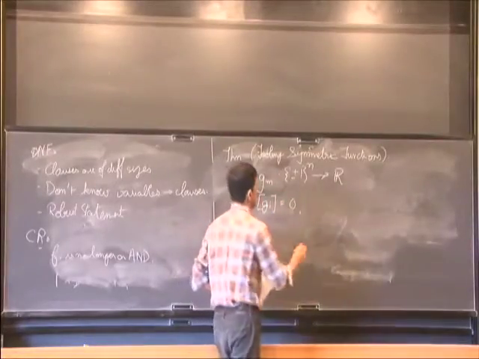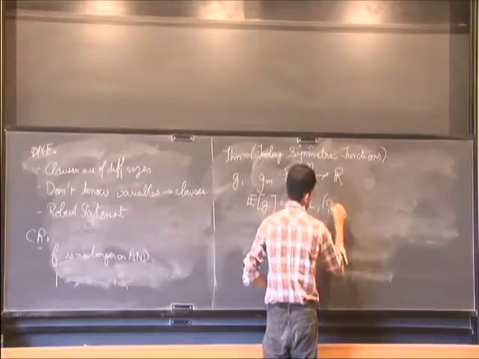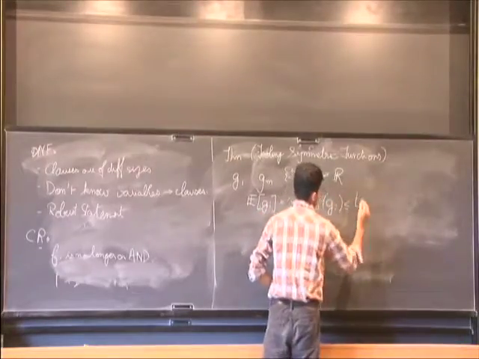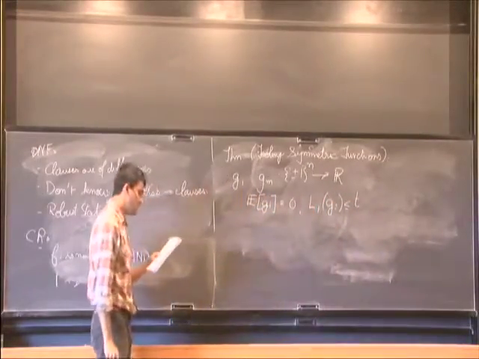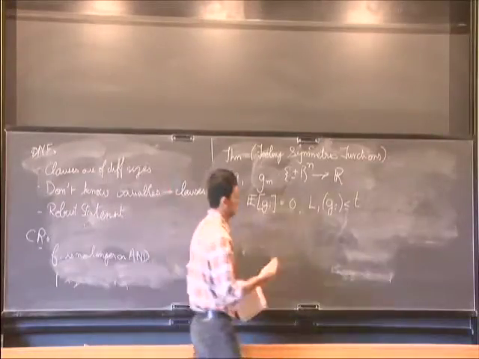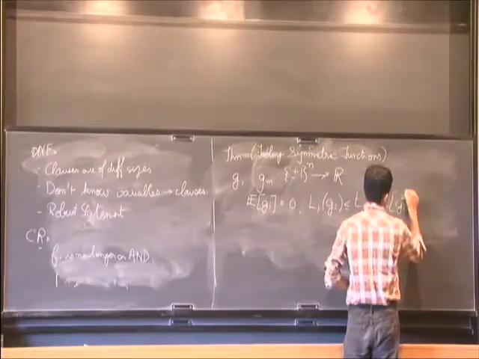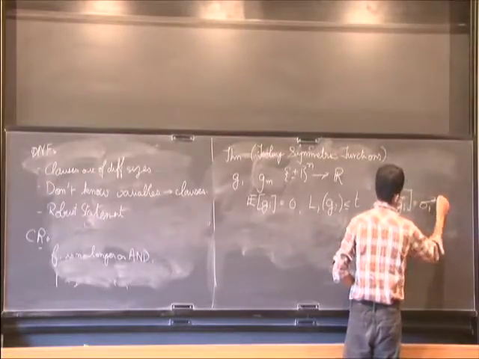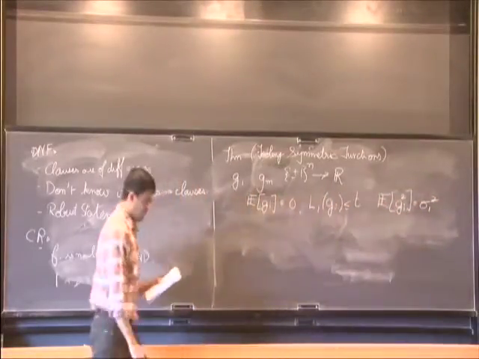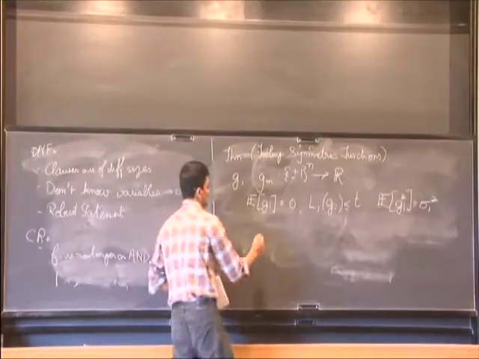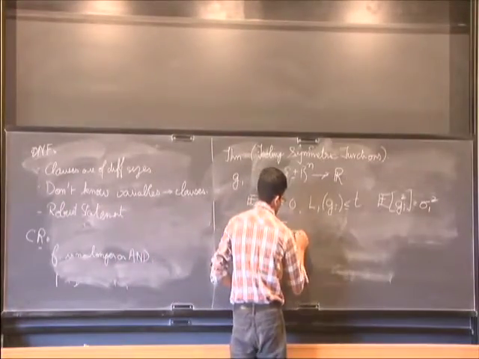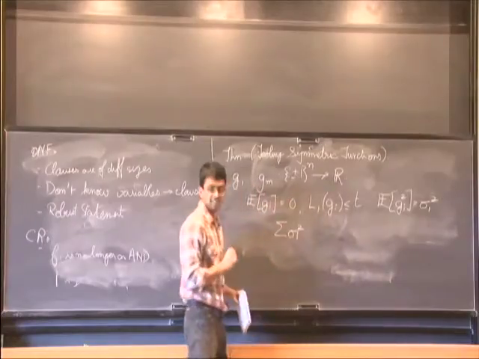They have reasonably small L1 norm, less than or equal to some t, and the main condition they satisfy: they have some variance. I have a bound on their variance. Expectation of gi squared is equal to sigma i squared. And what I know about them is that the sum of sigma i squared is less than 1.